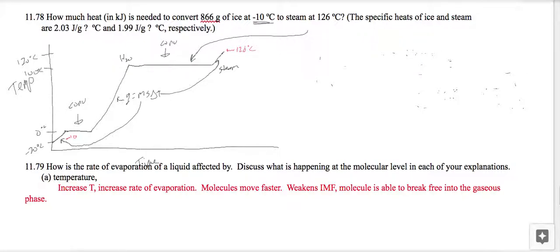So let's see here if I can do some color coding. Blue, we can do the different temperature changes. So this is going to be our ice. This is going to be our water. And over here is going to be our steam.